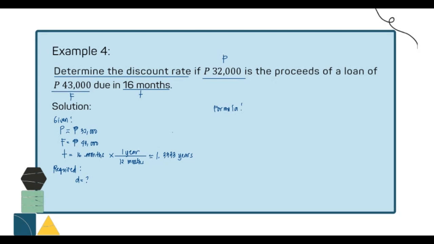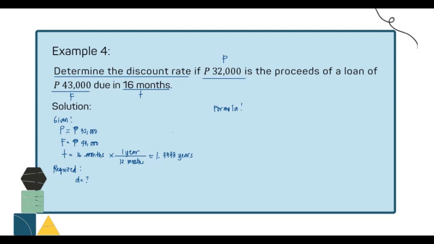For the formula, we could again use two specific ways to go about our problem. Just like in example 3, we could try to find first the interest in advance by subtracting the proceeds from the amount of the loan, after which we make use of the formula we came up with, using the original formula for interest in advance, to find our discount rate.